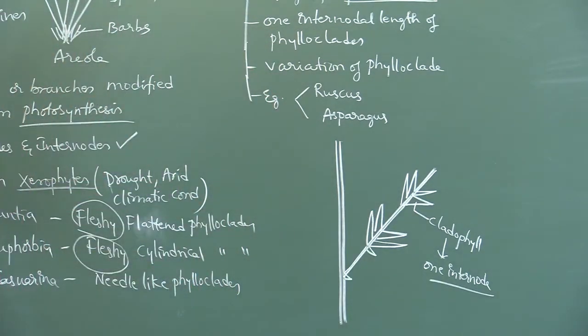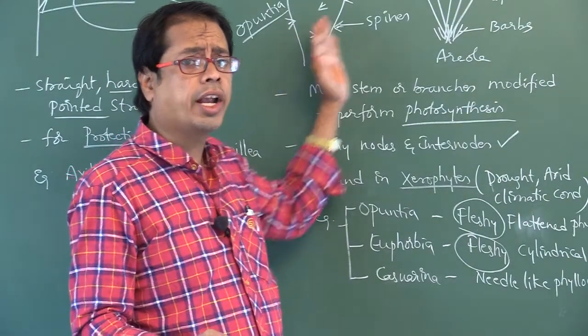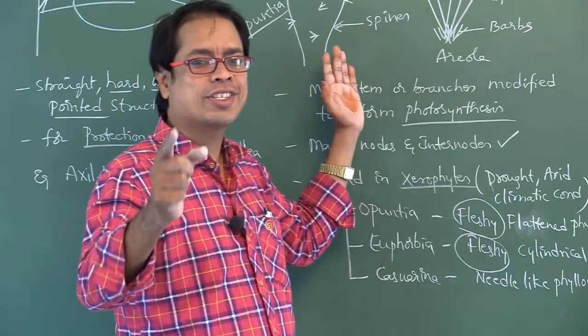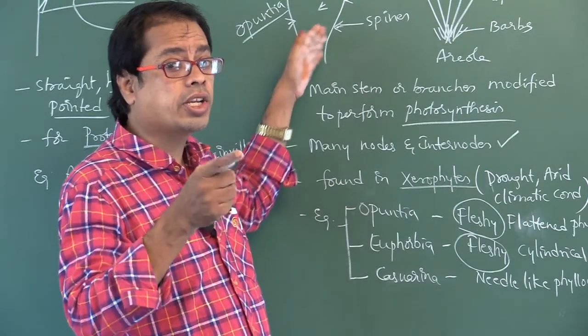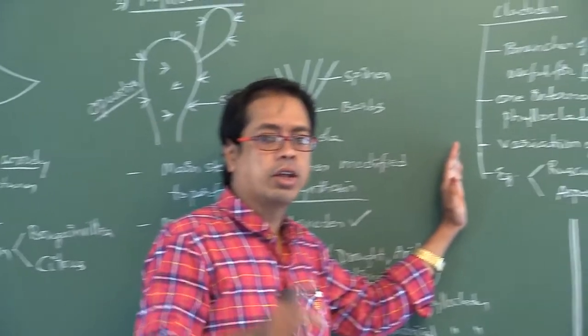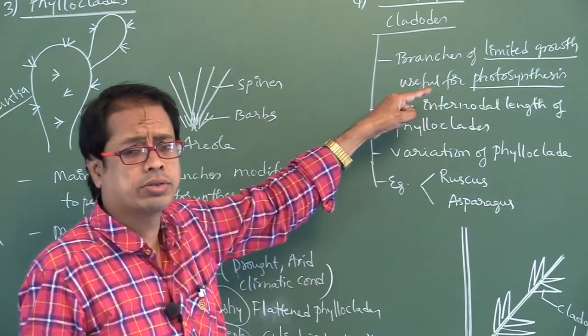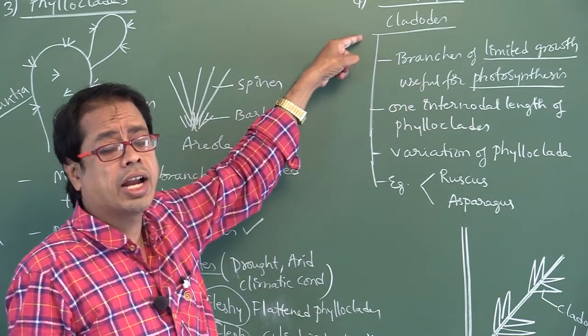So try to remember phylloclade. Common point between phylloclade and cladode means both are useful for photosynthesis. Difference means here it is having many nodes and internodes. Here it is having one internodal length. That's why it is limited growth. Limited growth branches useful for photosynthesis are called cladophylls.